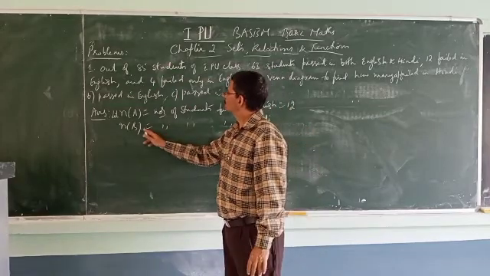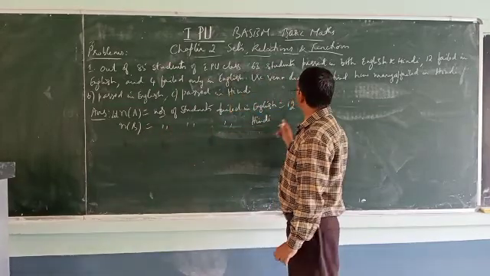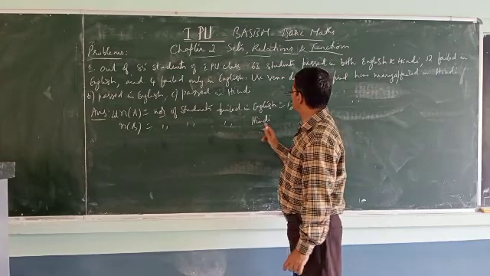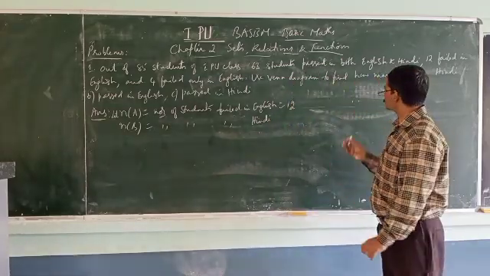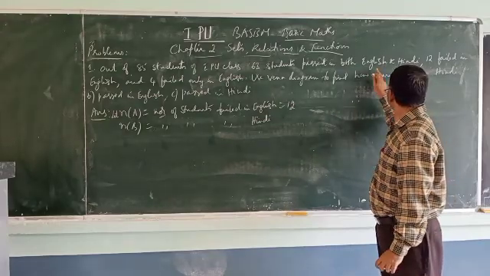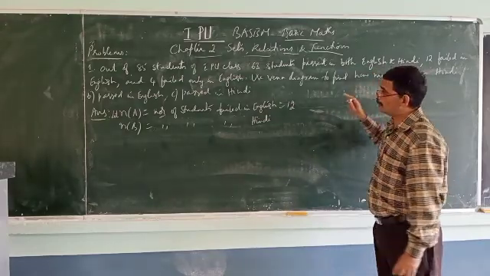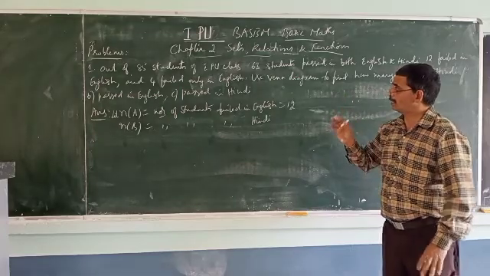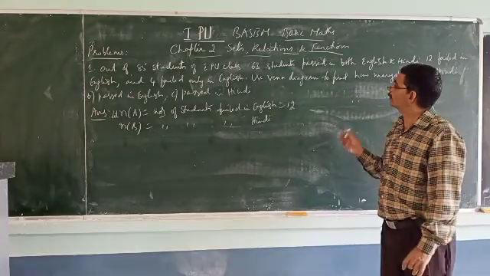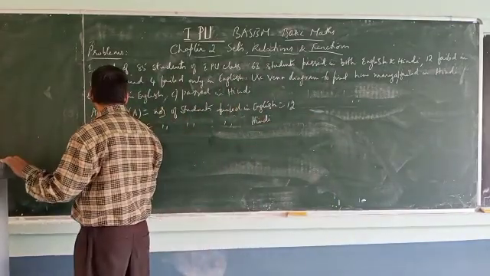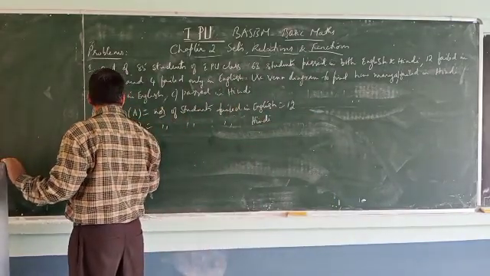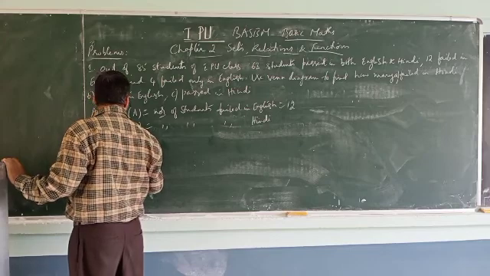Next. N of B is the number of students failed in Hindi. You have to calculate it. Now what is given is 12 failed in English, 4 only failed in English. So I will write N of A intersection B dash. What does it represent?